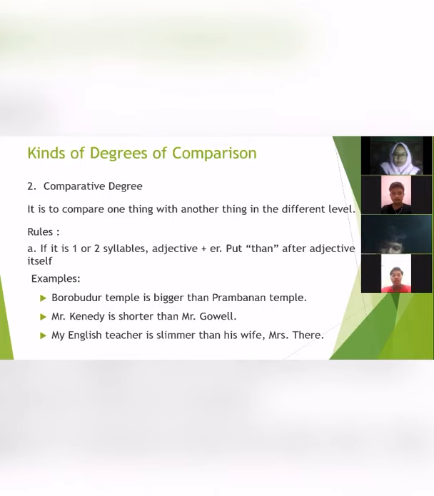A. If it is one or two syllables: adjective plus er, and put than after the adjective. Example: Borobudur temple is bigger than Prambanan temple. Next.